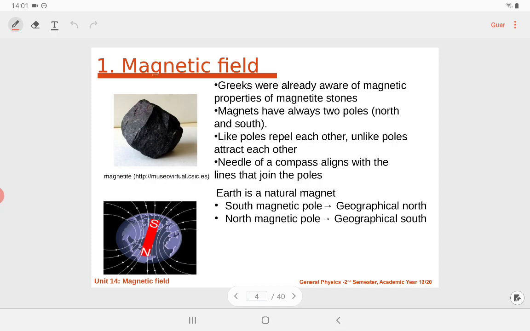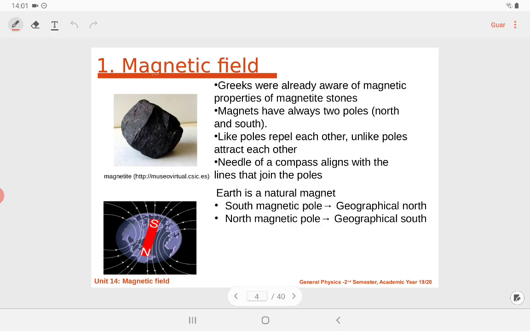We can think of it in a first approximation as a big bar magnet, where the South Pole and the North Pole of this magnet align approximately with the rotation axis of the Earth. It's not completely aligned, but mostly.